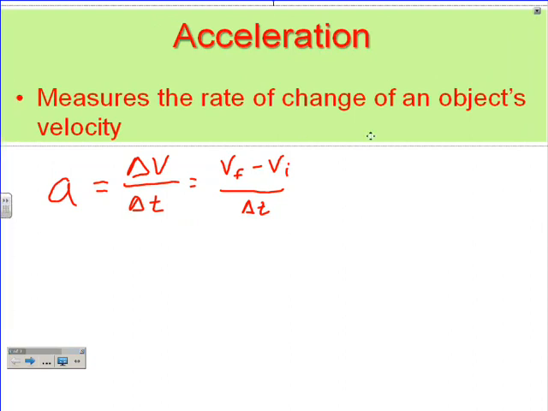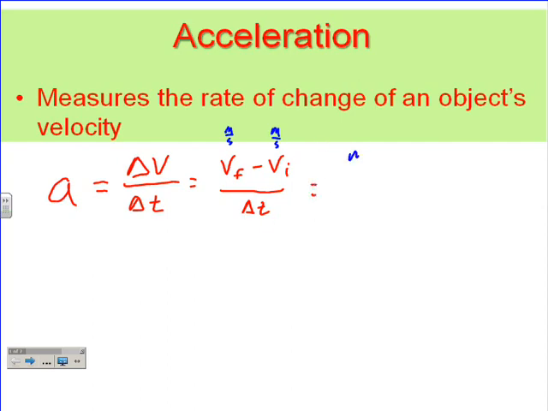Okay. So, velocity, as we learned in the last video, is measured in meters per second: the displacement that we go divided by the time over which that displacement occurs. And whether we're talking about an initial velocity or a final velocity, we still have meters per second. So on the top of this fraction, we have meters per second minus meters per second.